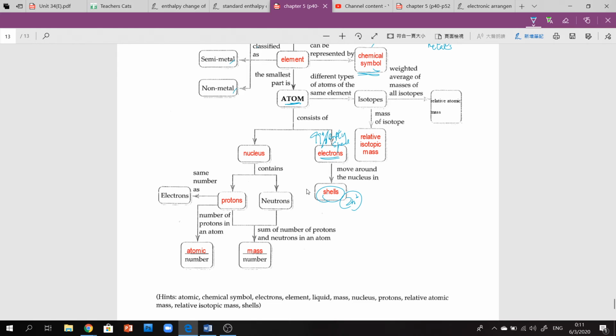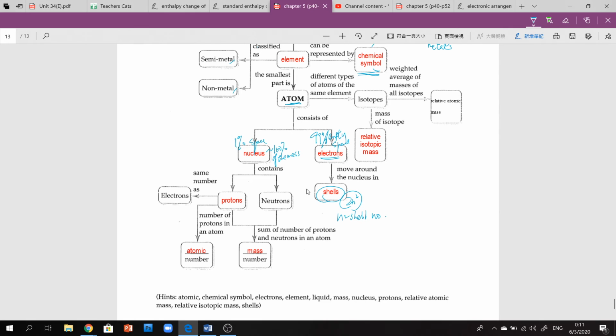Here n is the shell number. How about the nucleus? The nucleus is a tiny part of the space, but it holds nearly 100% of the mass of the atom.